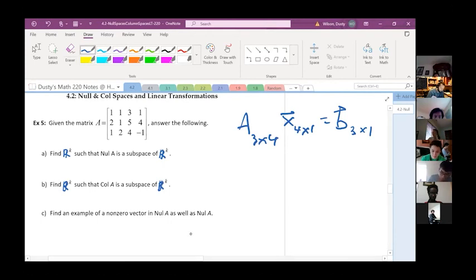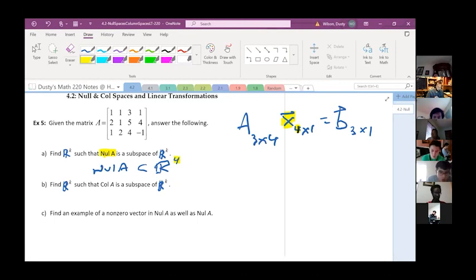Okay. So when we're talking about the null space here, we're talking about x's. And so the null space is a subspace of R4. The little symbol there is a subset symbol. That's not a subspace symbol.